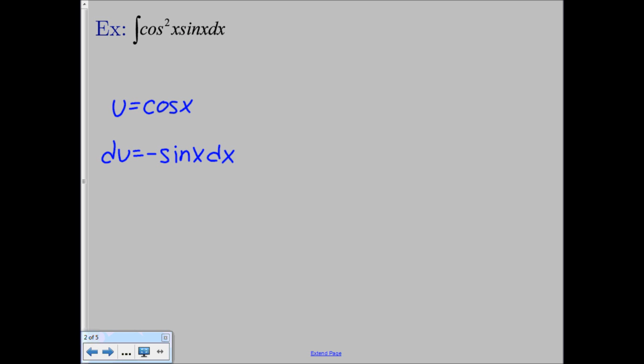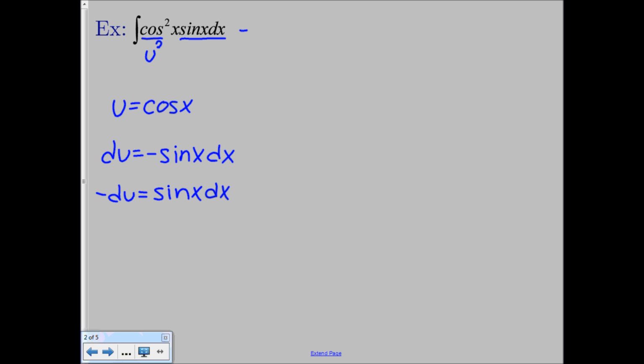which means that we have this cosine taken care of here, so this is just going to leave us with a u squared. Now all we want to replace is that sine of x dx, which we can get by just multiplying both sides of our du equation by -1 to get positive sine of x dx.